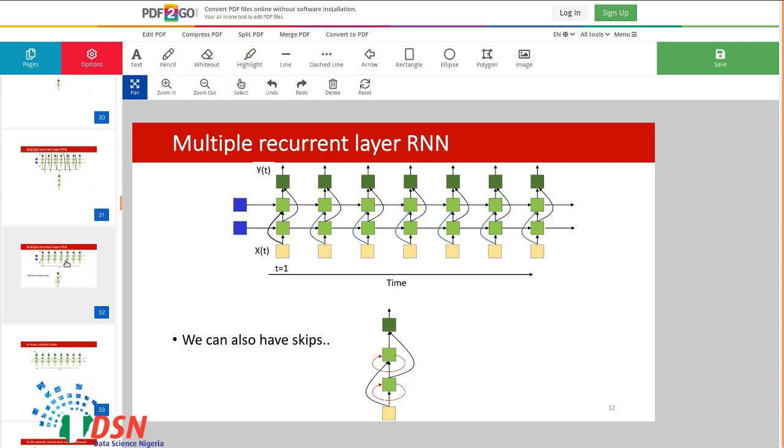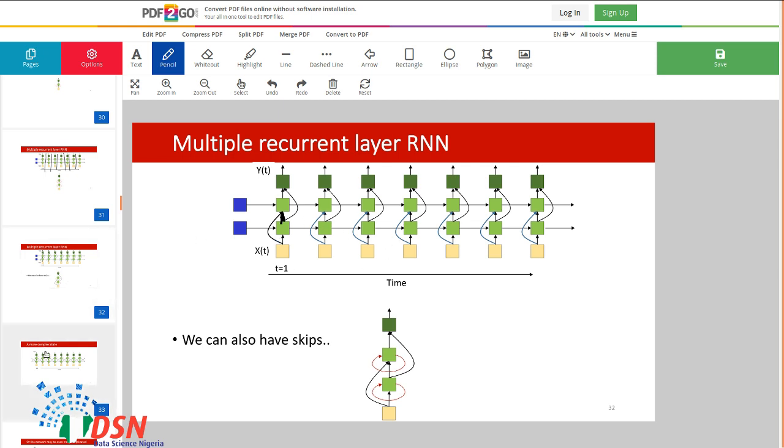Also, we could create more complex architectures. We could create the next hidden state with both the first hidden state and the input of the current time step, and so on.